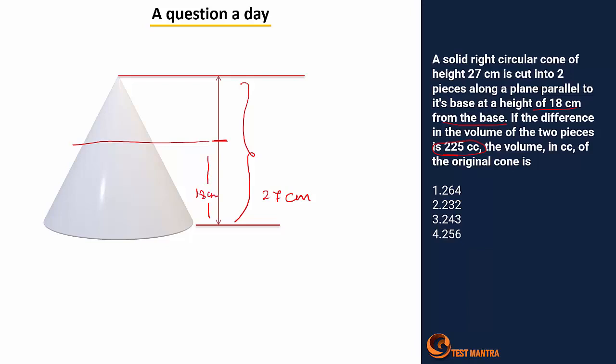So now here I can say, I have basically two similar right circular cones available.